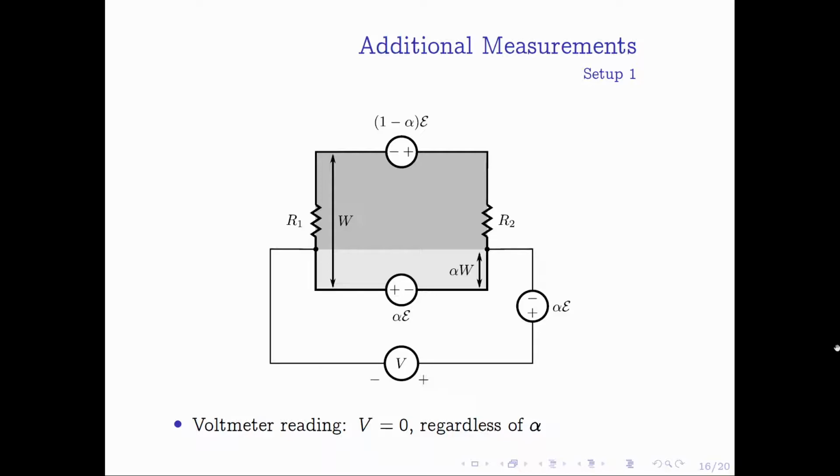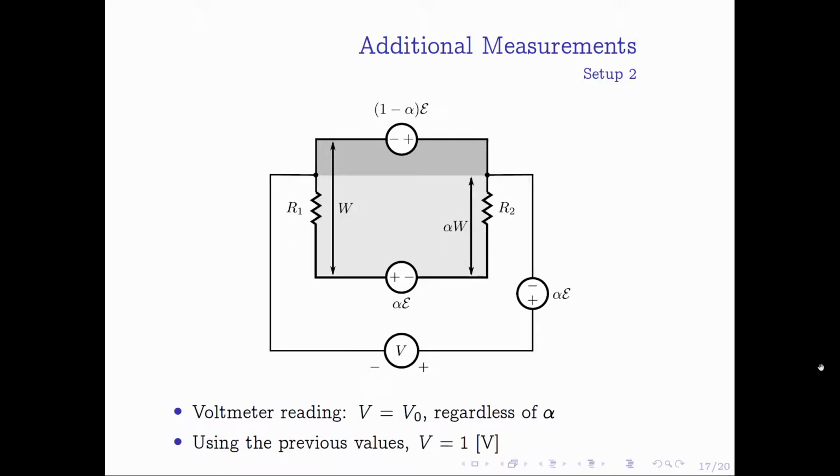And as expected from the practical experiments, the voltage on the voltmeter is always 0, using the same previous analysis. However, if we make this setup in which the two resistors are included in this fashion, we will find that the voltmeter will always read V0. If we use the previous numbers, V will always be 1 volt.